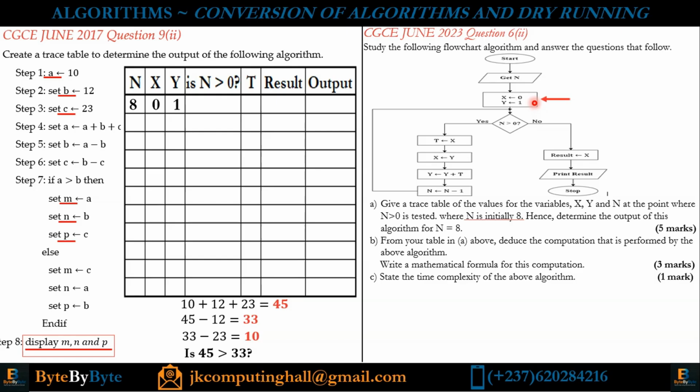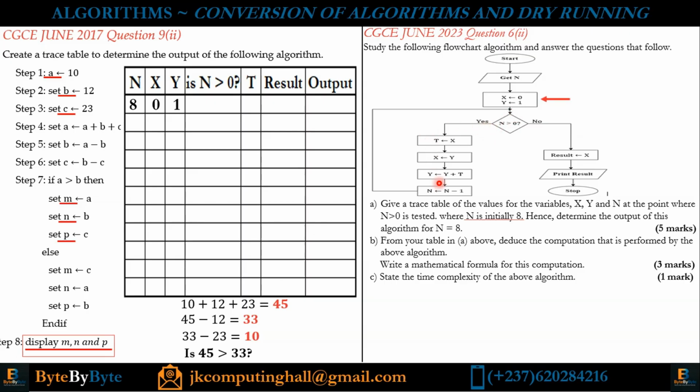Remember that here we are having a repetition control structure. You might ask yourself, how does he know that it is a repetition control structure when it is given in a flowchart? Remember that in pseudocode we have keywords like for, repeat, and while, which show that it is a repetition control structure. But on a flowchart, if you have a diamond with one of the arrows coming back, it shows that it is a repetition.